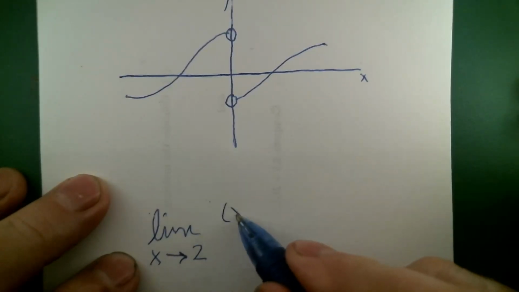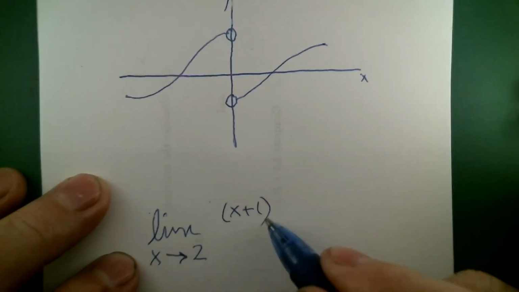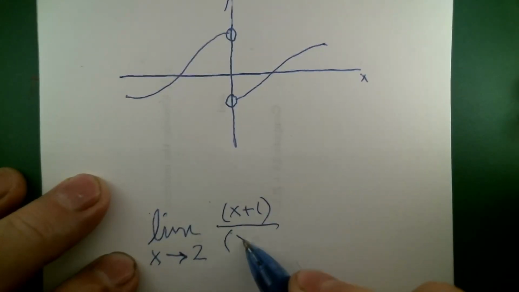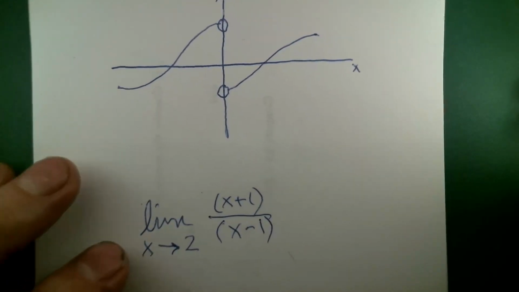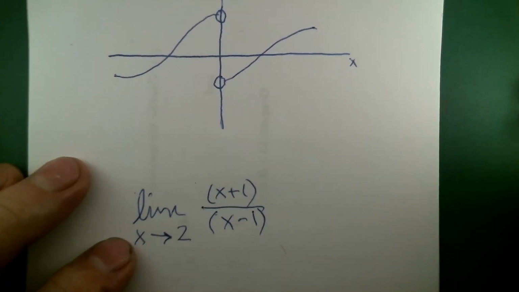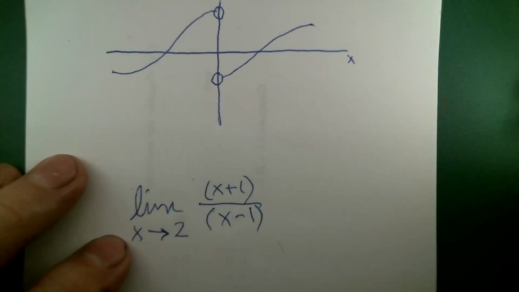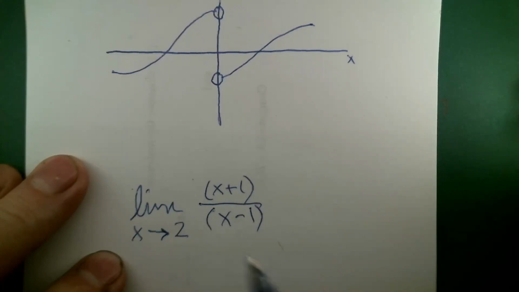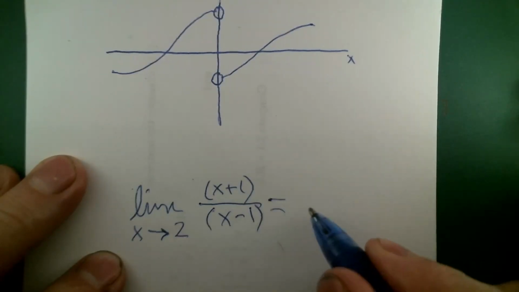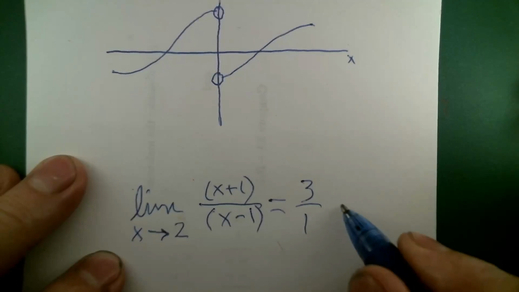We end up just with x plus 1 over x minus 1, right? And once that cancellation has happened, we no longer have 0 over 0. In fact, you can plug in 2 into the formula. And here, in the top, you'll get 3, and in the bottom, you'll get 1. So that's 3 over 1, but that's just 3.